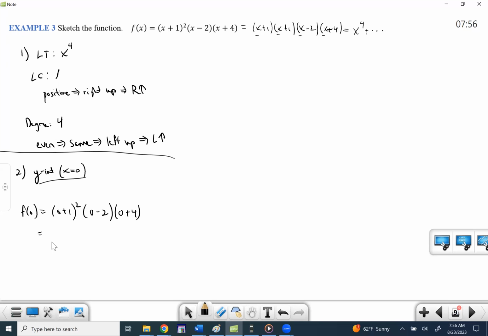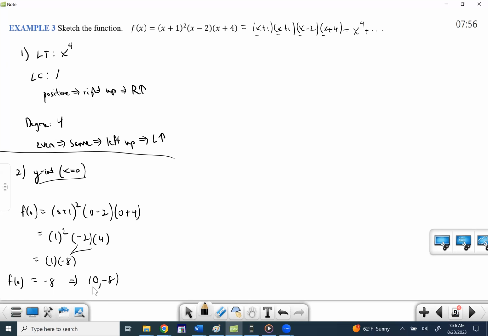So 0 plus 1 is 1. 0 minus 2 is -2. And 0 plus 4 is 4. 1 squared is just 1. And then -2 times 4 is -8. So when we multiply that, we get -8. So that means that (0, -8) is on the graph.